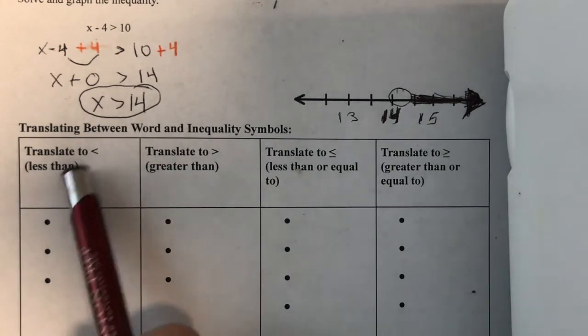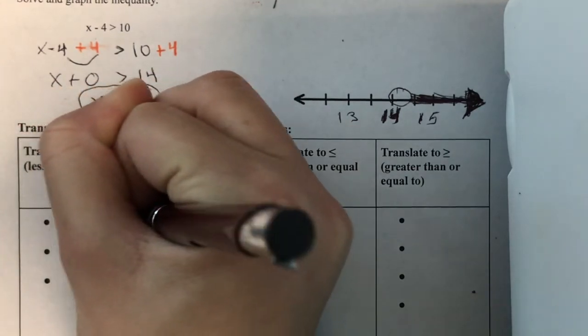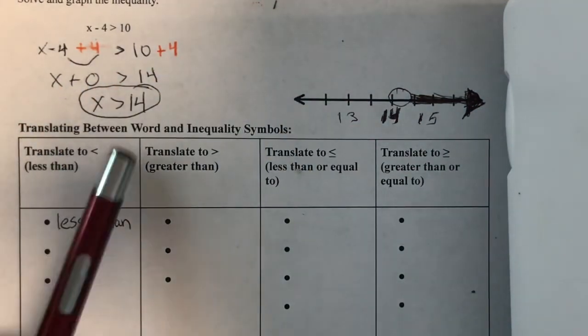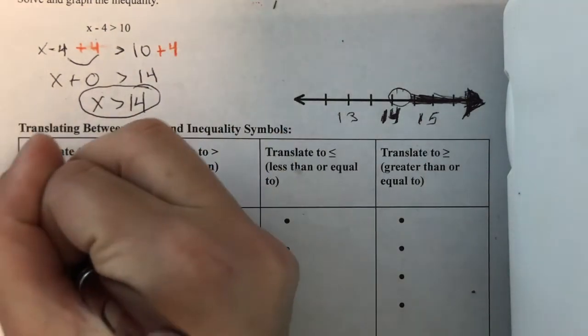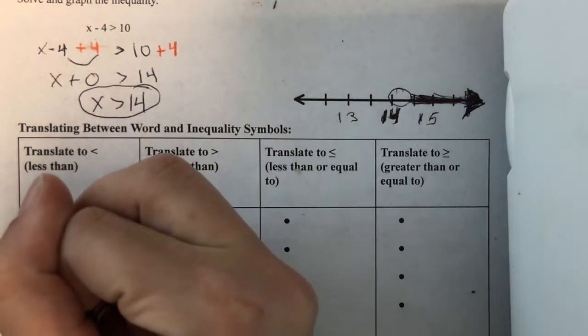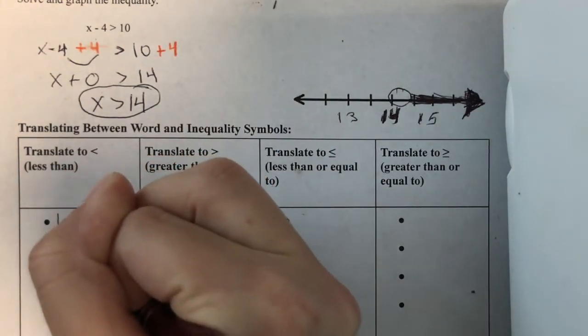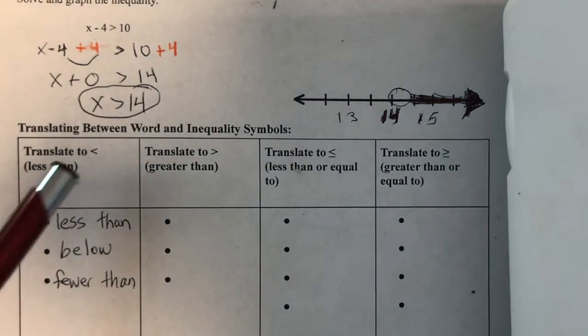So for the less than sign, of course, when we see less than in a word problem, that's going to signal we should use the less than inequality. A synonym is below, so if it's going to be below 5, that means it's going to be less than 5. And fewer than, when we're counting things, is another translation of the symbol less than.